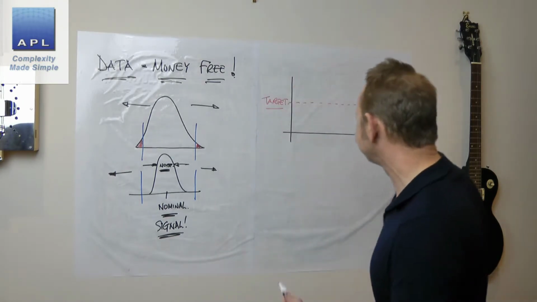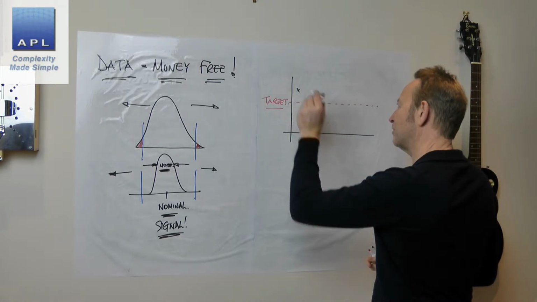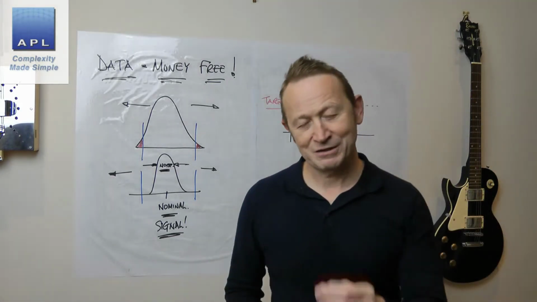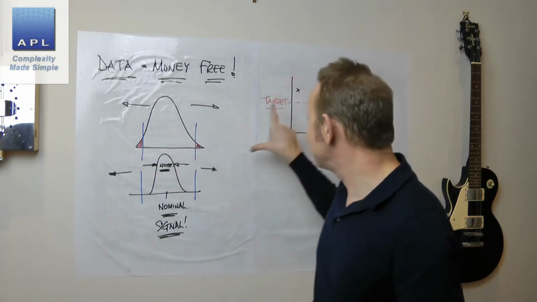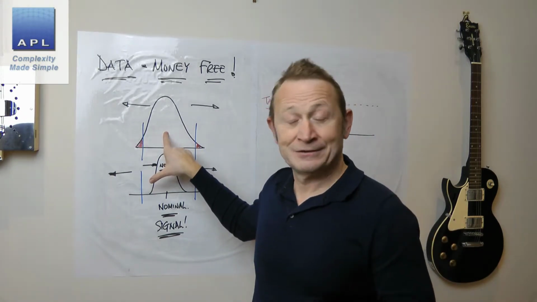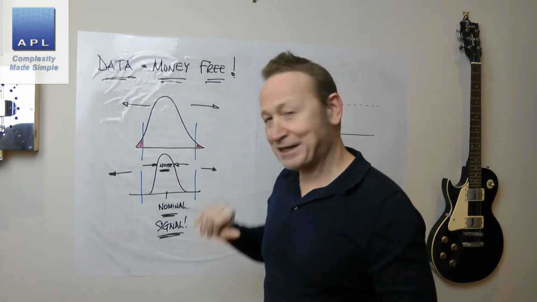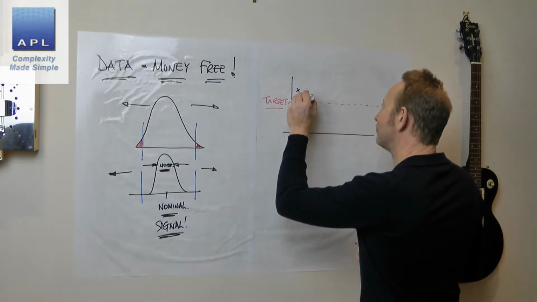Okay, now then, how will they do this? Well, of course, what they do is they do it a data point at a time. So they collect a single data point. Now, do you think a single data point can tell them where this is? Not really, no. It doesn't stop them trying, by the way. So they get a single data point above the target. So what do they have a tendency to do?